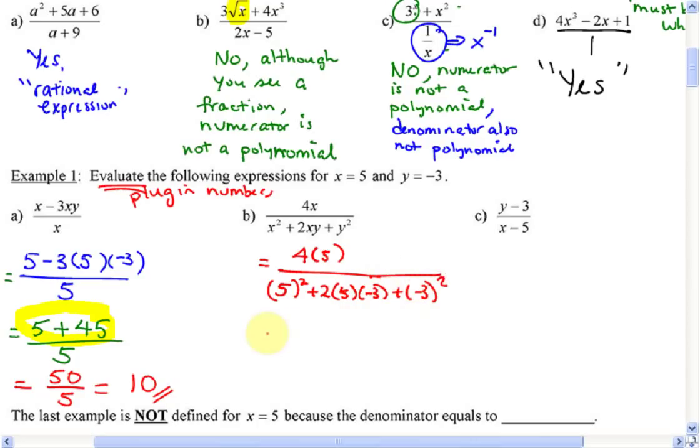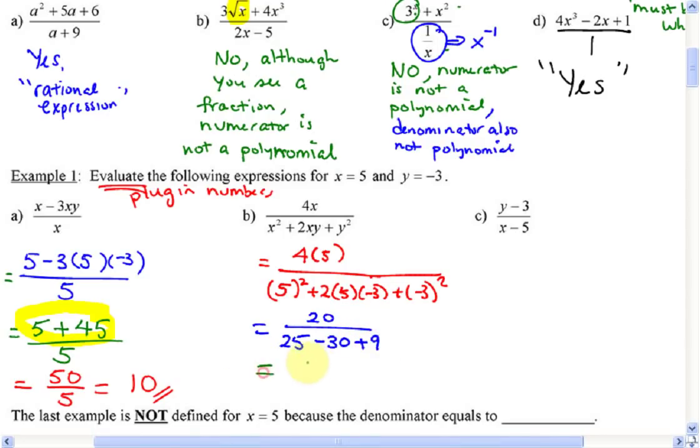What's 4 times 5? 20, good. What's on the bottom then? 5 squared is 25. 2 times 5 is 10, times negative 3 is minus 30. Be careful with the last thing here: it is negative 3 all squared, not 3 squared, but negative 3 all squared. Plus 9. Is that equal to 1?